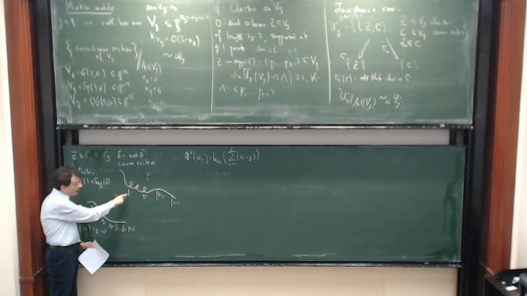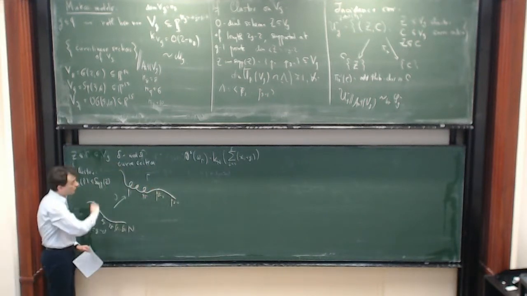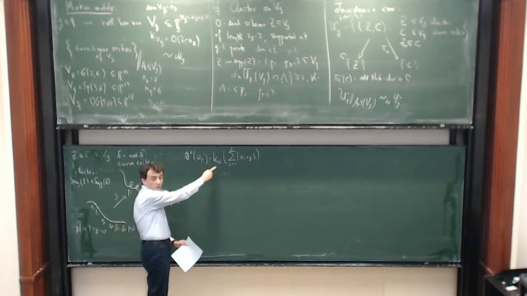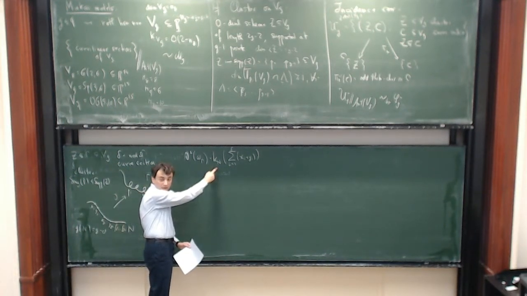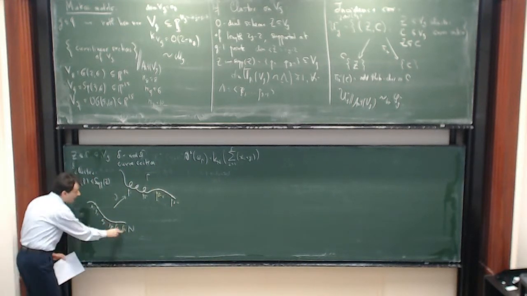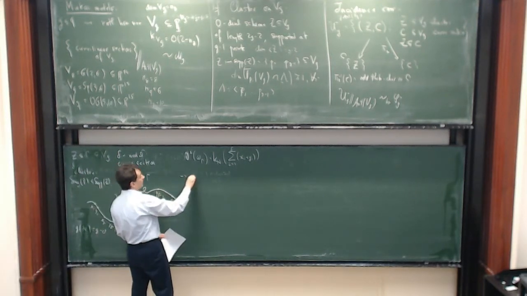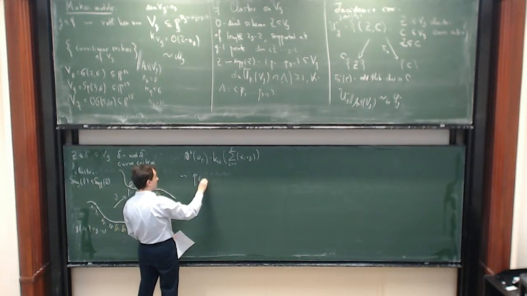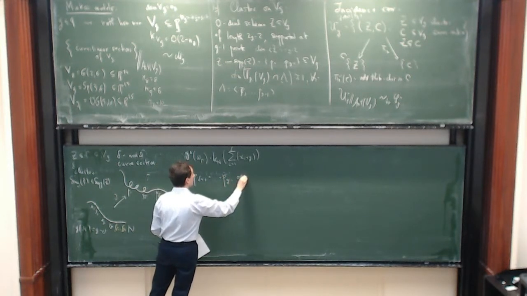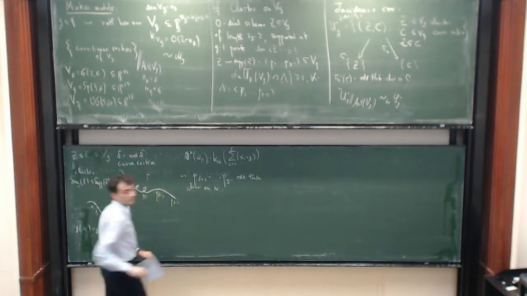Of course, the delta points will be absorbed in this divisor. But because of this formula, twice the remaining points will be the canonical class of the normalization. So a cluster on this nodal curve is in fact a theta characteristic. This is an odd theta characteristic on N, and that's the point of considering this.